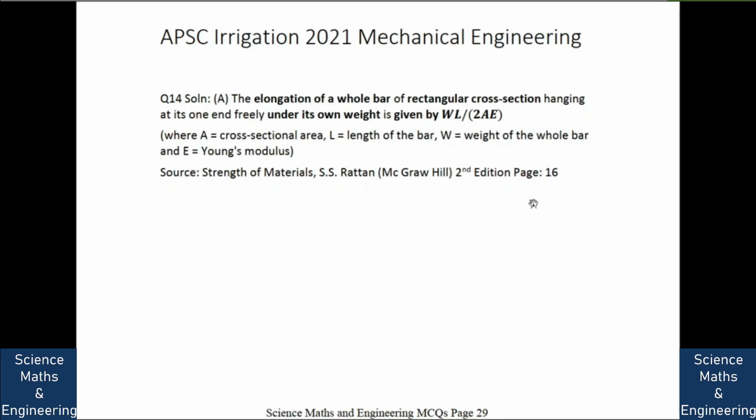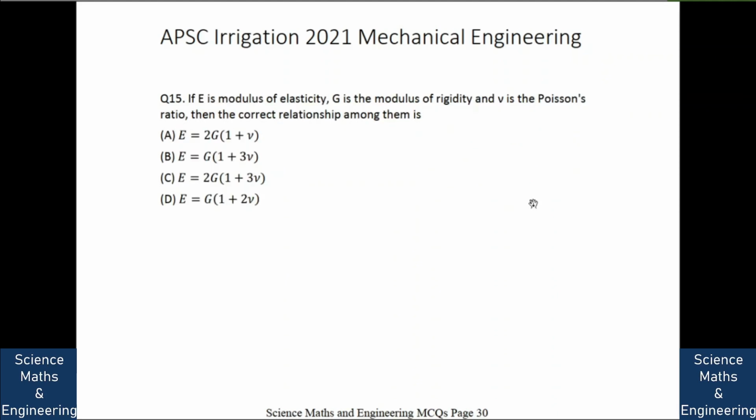So if you have any doubt or if there is any calculations you need to check, you can check from the source. Okay, so we will go to the next question. If E is modulus of elasticity, G is the modulus of rigidity, and nu is the Poisson ratio, then the correct relationship among them is A, E is equal to twice G (1 plus nu), B, E is equal to G (1 plus 3 nu), C, E is equal to twice G (1 plus 3 nu), or D, E is equal to G (1 plus twice nu).